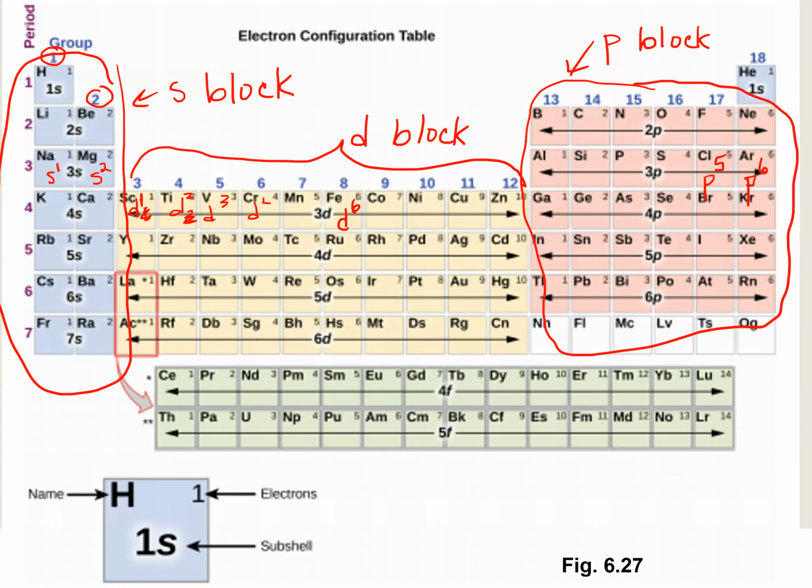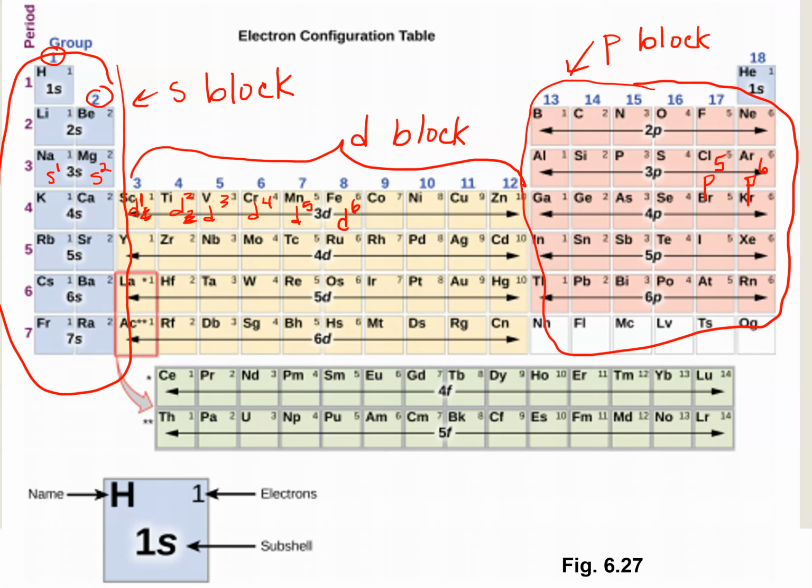D3, D4, D5, D6. This is why I can write electron configurations faster than you've been able to, because I know, looking at the periodic table, what the configuration should end in.